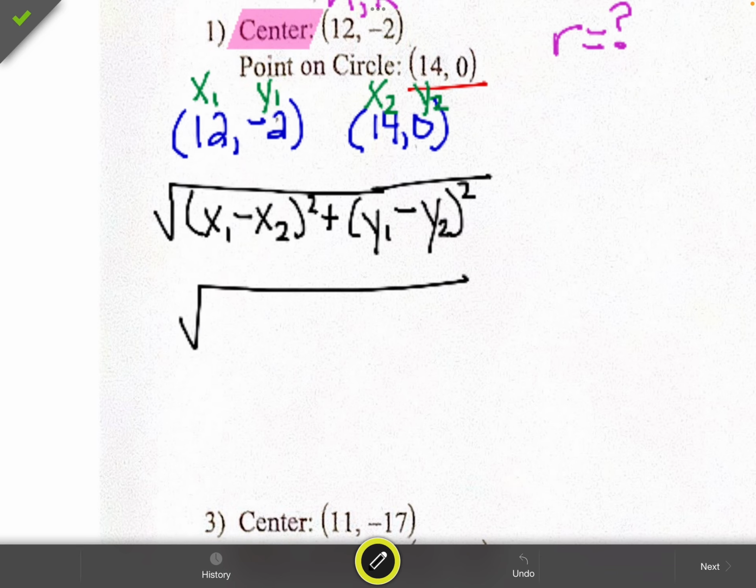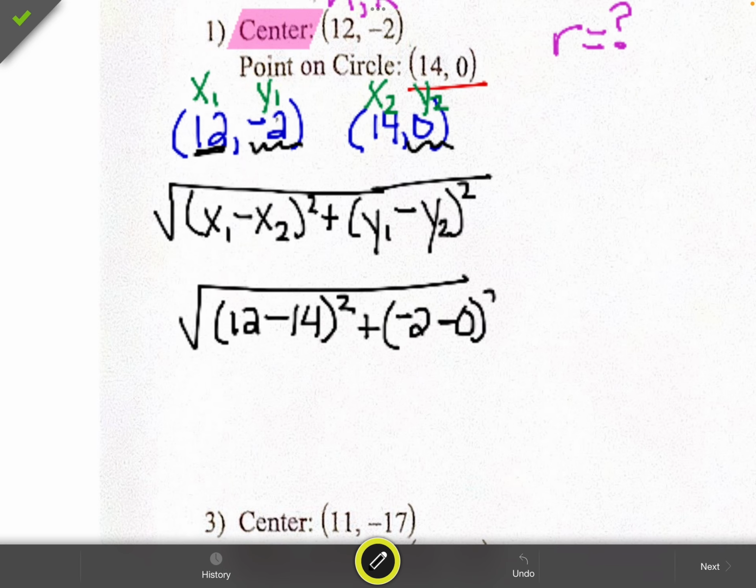So what's my first X value? My first X value is 12. So I'm going to say 12 minus, what's my second X value? 14. Then I'm going to square it. I'm just dropping numbers in. Plus, what's my first Y value? My first Y value is -2. Minus, just following my formula, what's my second Y value? 0.